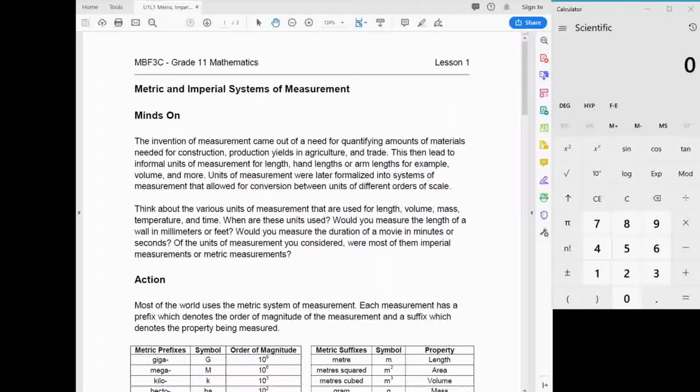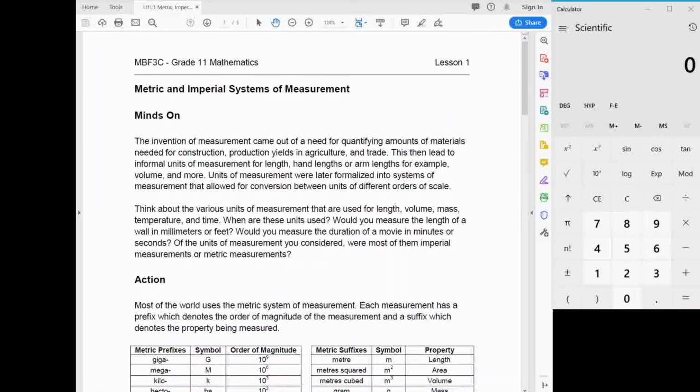At first these were informal, things like arm lengths, hand lengths, or the distance that somebody can travel in a day. Then these later became formalized, because humans realized that if things are based on informal measurements in one area, they might have other measurements in another area, and they wouldn't really convert very well.